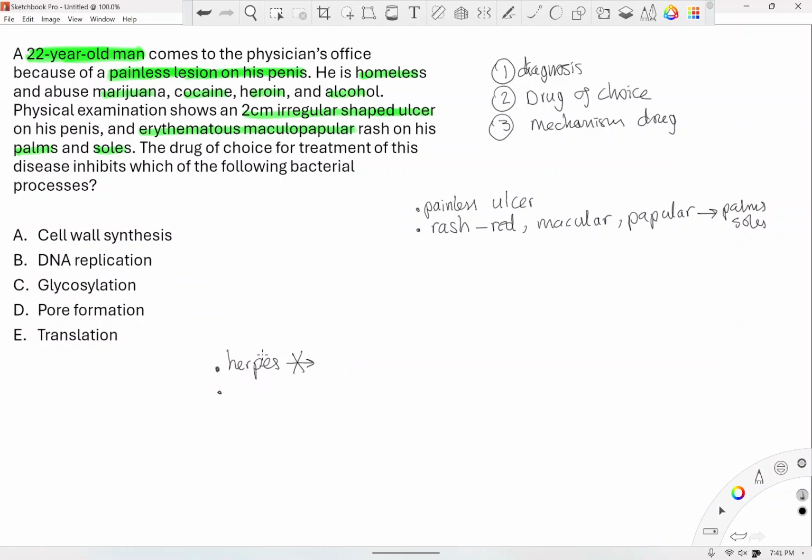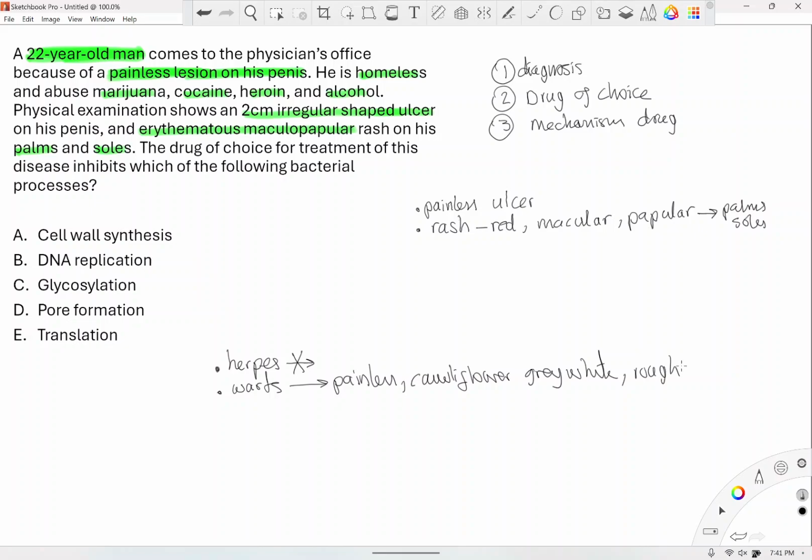The next one we can think of, in terms of viral infection, is HPV infection, which causes warts, right? Genital warts. Genital warts are gray color cauliflower like rough lesions. They're painless, so that could go for this painless lesion, but they're cauliflower like, gray white, rough lesions.